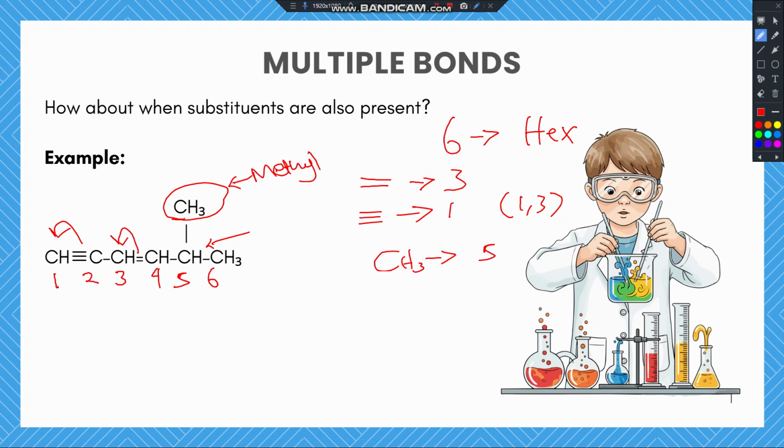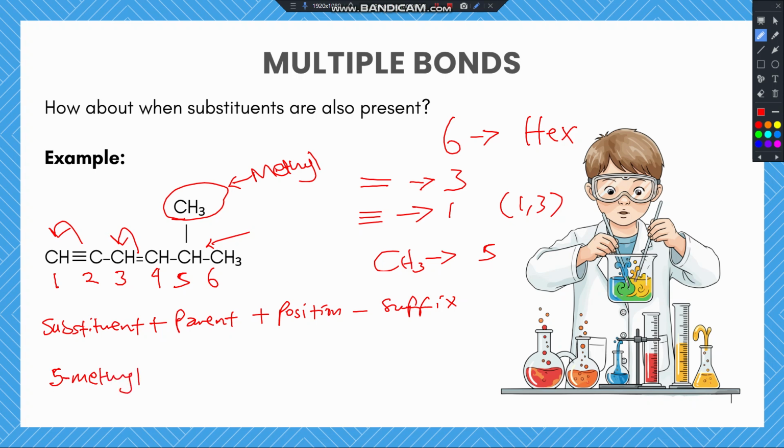We start with the substituent and then we go on to add the parent's name and then we add the position of the multiple bonds and then we end with the suffix. So let's do it step by step. The substituent is methyl and it's located on carbon number 5. So we have 5 methyl.